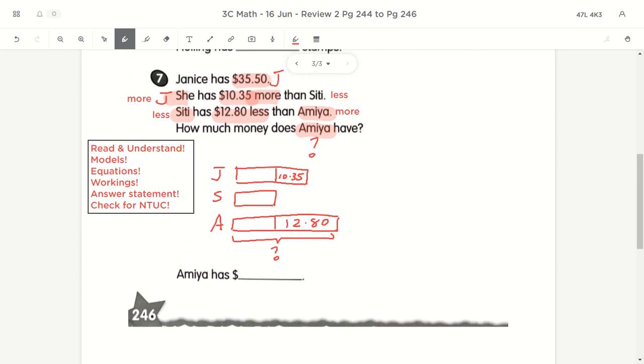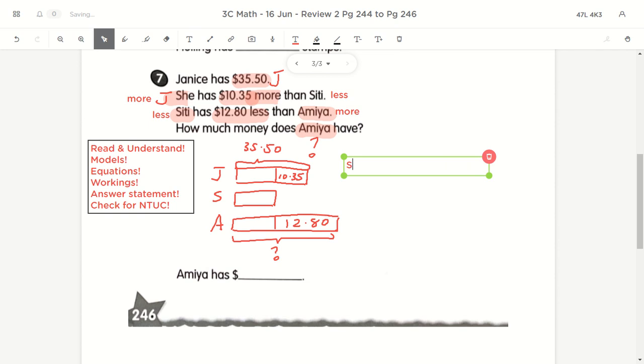Let's put in the $35.50, because Janice has $35.50. You can do step by step. First you find Siti, then you find Amia. Let's find Siti first. To find Siti, all you need to do is use Janice, which is $35.50, minus away the difference, which is $10.35.